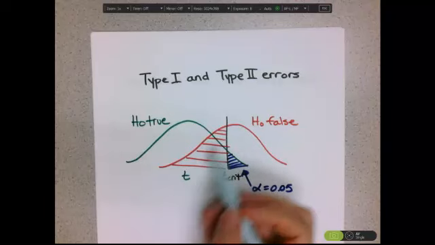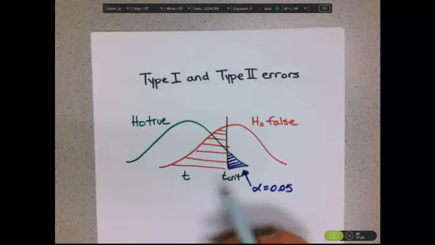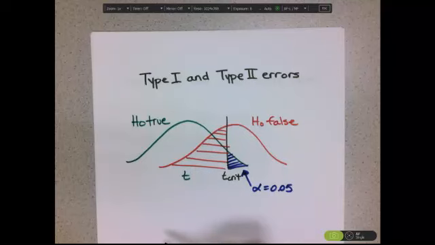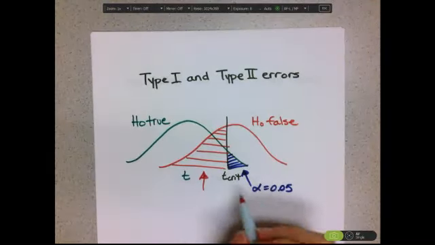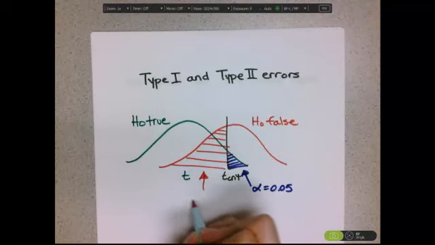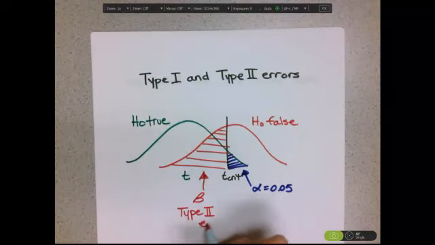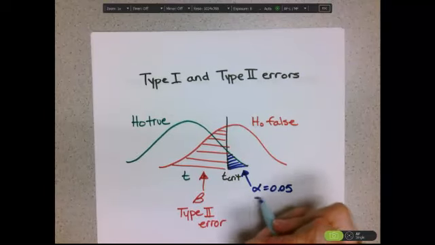So this is when the null hypothesis is false, but if it's to the left of our critical value in this case, then we would say that the null hypothesis was true, which would be what we would decide. We would retain it. So this is our type 2 error, or beta. Right, whereas our alpha is our type 1 error.